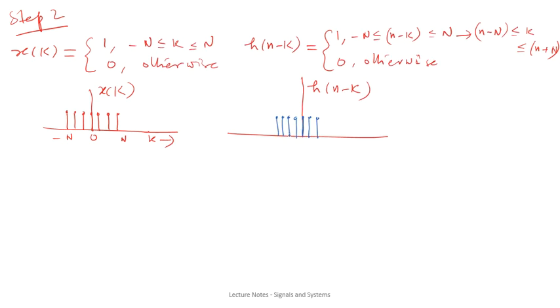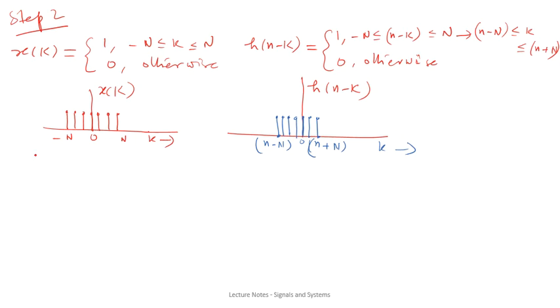You can see this in the waveform of h[k]. This signal will now be from n plus N, that is this point, and this point will be n minus N, and obviously the variable is changed to k.